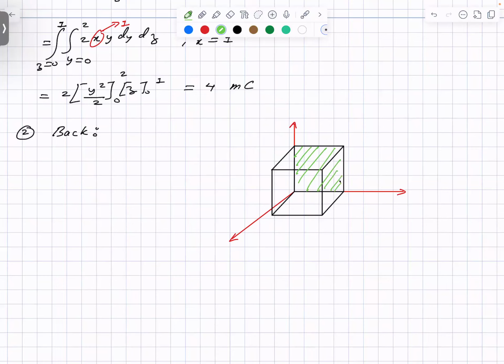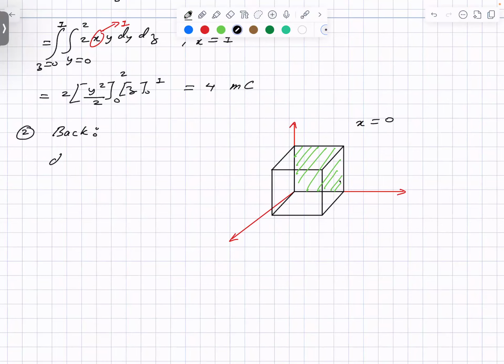In this surface, y varies and z varies, x is fixed. We know that x equals 0, and now the unit normal vector coming out of that back surface, what would be that unit vector? Negative ax. Exactly. It would be negative ax, right?